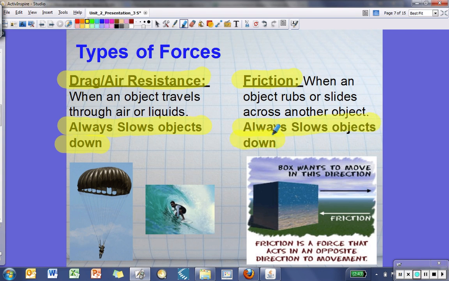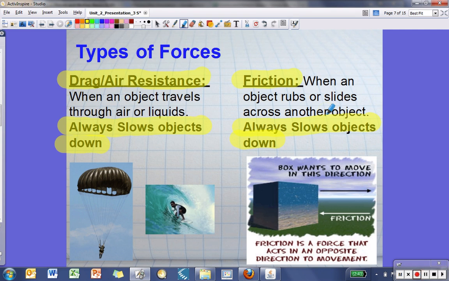Okay, this is another huge one for your car, because the wheels are always touching the ground, which means there's always going to be friction between the wheel and the ground. What you have to figure out is how to overcome that. With the car project, it's going to have to be on the ground at all times, so you have to find a way to make it a little bit better there, right?